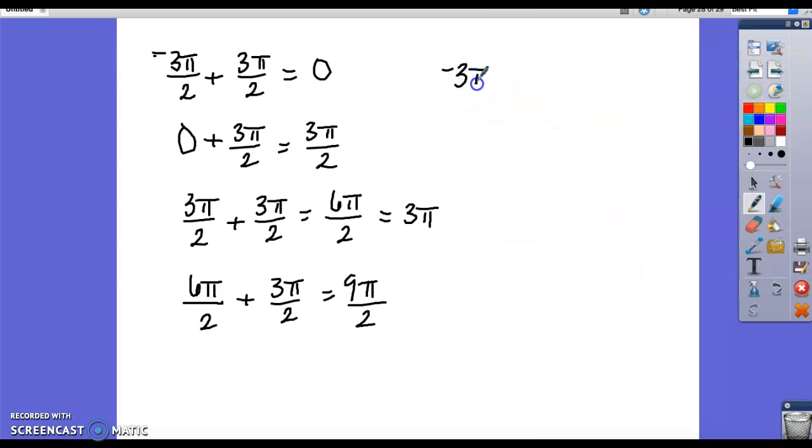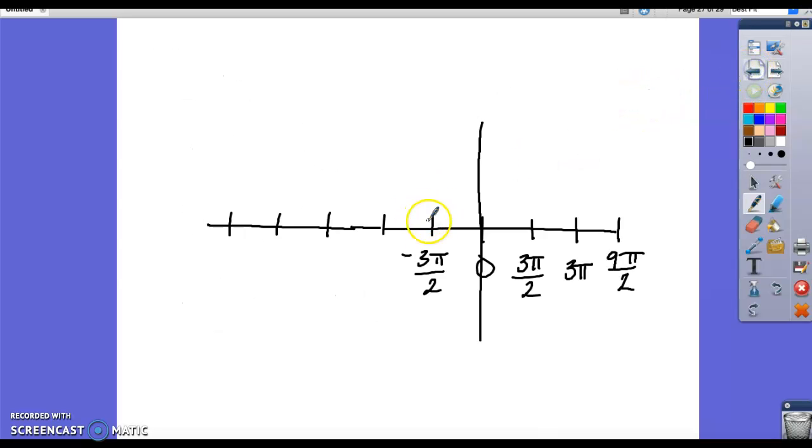So negative 3 pi over 2 minus 3 pi over 2 is negative 6 pi over 2, which is negative 3 pi. I'm not going to calculate the rest of these out, I'm just going to fill them in. That would be negative 9 pi over 2. This is going to be negative 6 pi, and this is going to be negative 15 pi over 2.